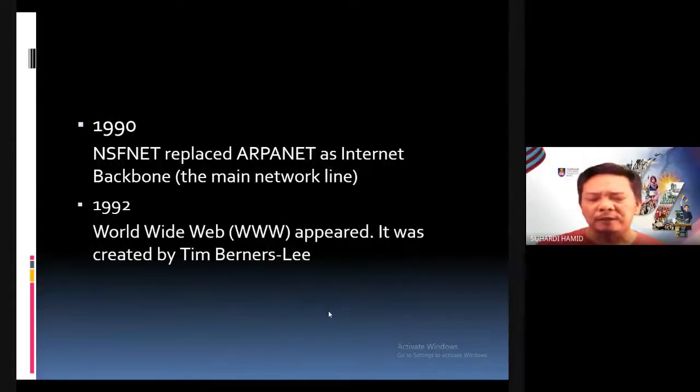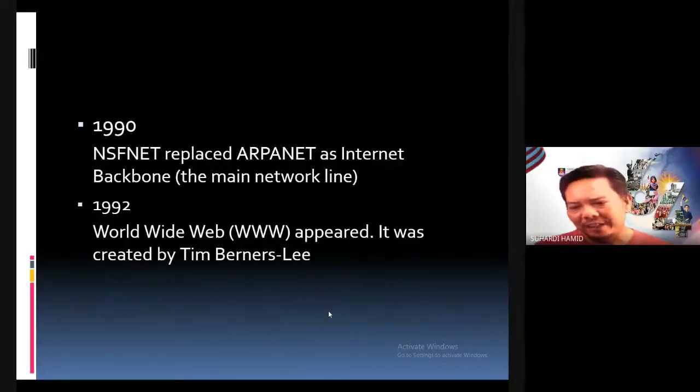The ARPANET sort of was brought down, right? So NFSNet took over ARPANET. So if you remember, the ARPANET was meant for communication, NFSNet was meant for research, sharing, isn't it?